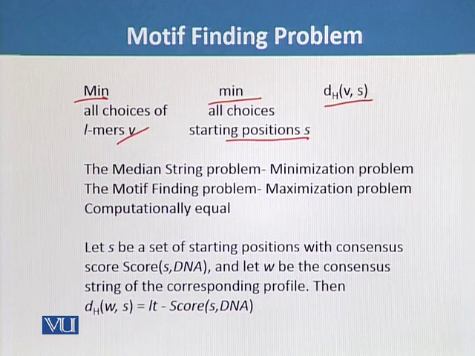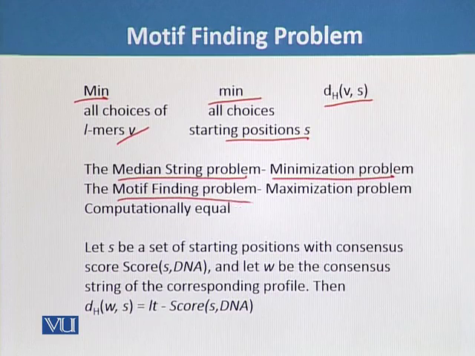The interesting thing here is that, despite the fact that the median string problem is a minimization problem and the motif finding problem is a maximization problem, these two problems are computationally equal. We will see later how they are equal.